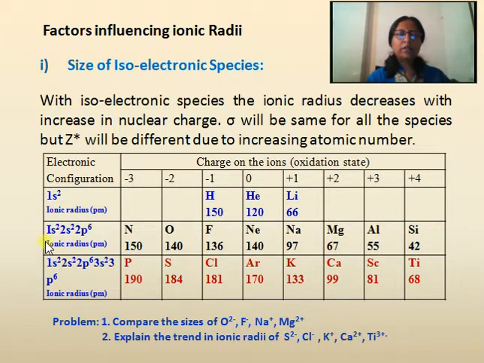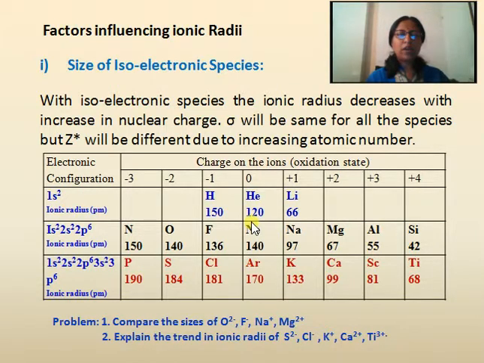The electronic configuration for all these species will be 1s2, 2s2, 2p6. But you can see the trend in ionic radius is decreasing: 150, then 140, 136 and so on. We are not comparing the value for neon because neon is in the neutral condition.